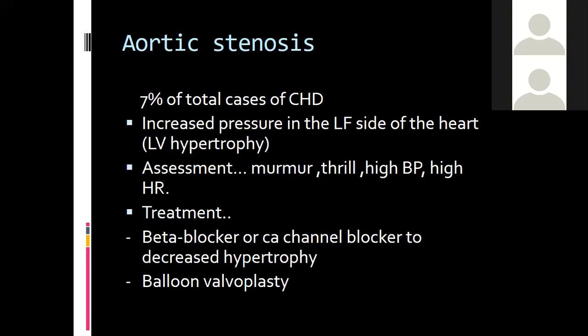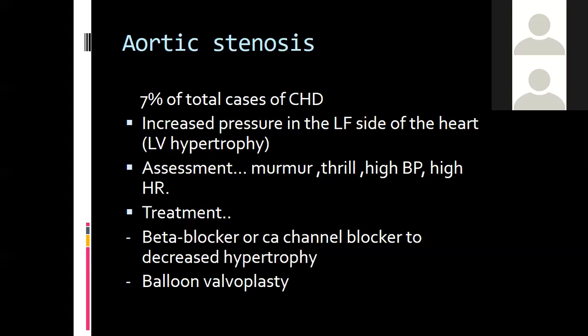Because of backward pressure, aortic stenosis. This condition comprises about 7% of the total cases of congenital heart disease. It is characterized by increased pressure occurring within the left side of the heart.